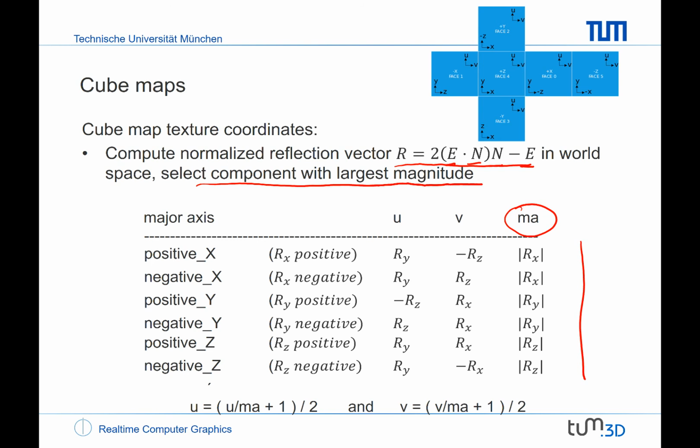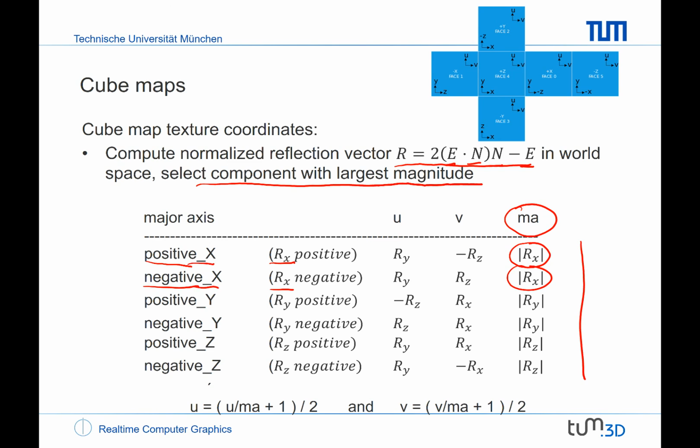So it means that, for instance, if Rx, the X component of the reflection vector R, is largest, and then depending on whether that component is positive or negative, we are looking along the positive or negative x-axis, and this selects the face, the positive x face or the negative x face.